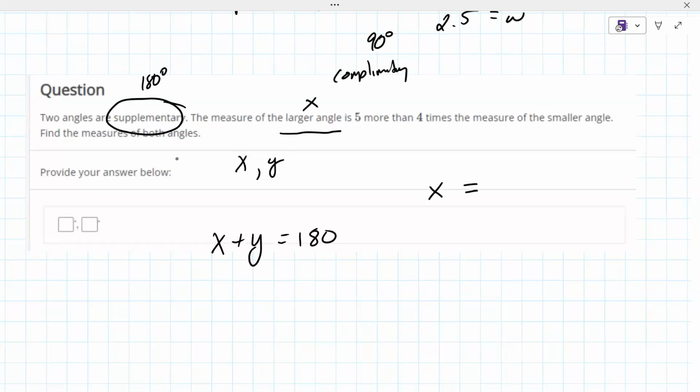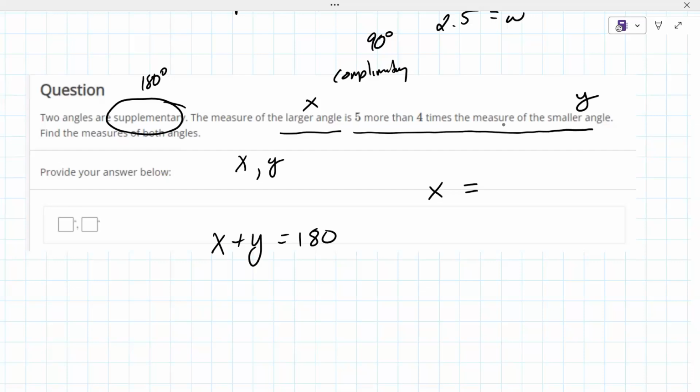X equals 5 more than 4 times the measure of the smaller angle, which is Y. Could you try to write that as an expression for me? 5 more than 5 times the measure of the angle? Would it be 5x plus 4? No, wait.